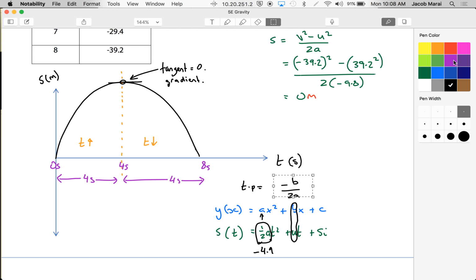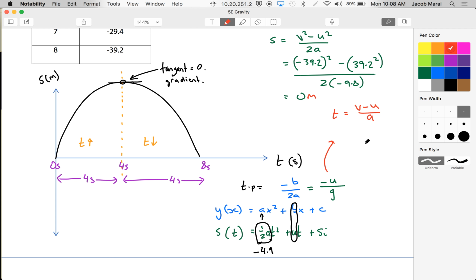We can rewrite our turning equation into physics talk. It's actually negative u over g. Which shouldn't surprise you too much because there's an equation that we've learnt already: t equals v take u over a. You remember that from your equations of motion?